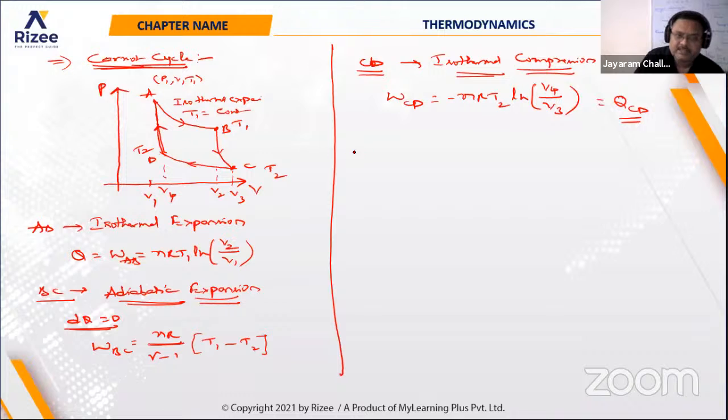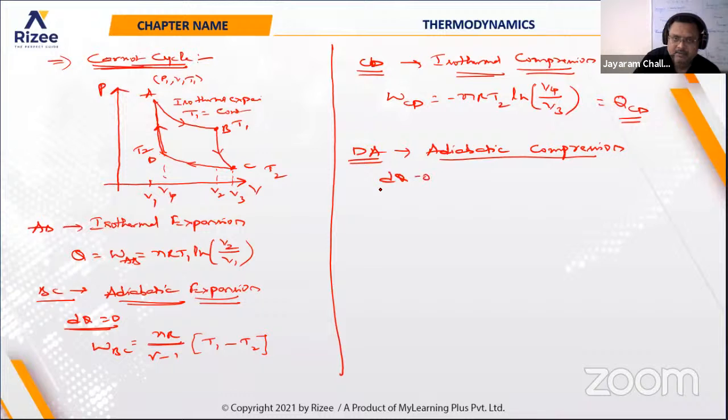And the last process, D to A, is called adiabatic compression. What is this adiabatic compression? Again dq, the change in heat, will be 0. Heat is not exchanged with the surroundings.